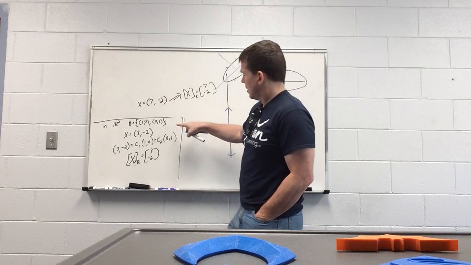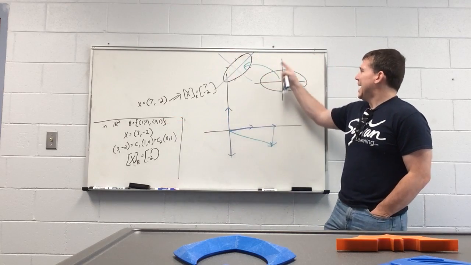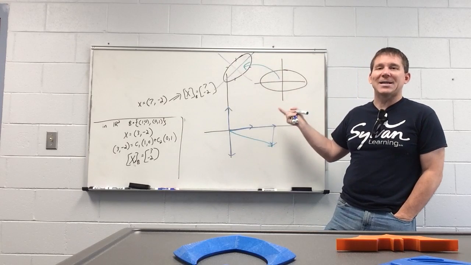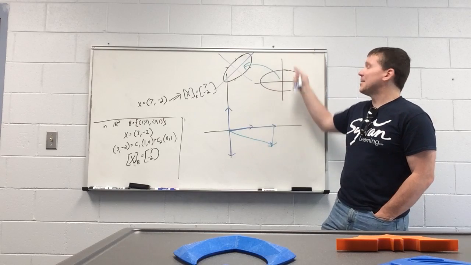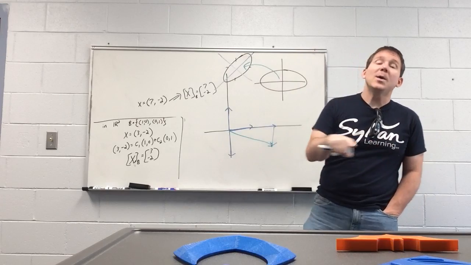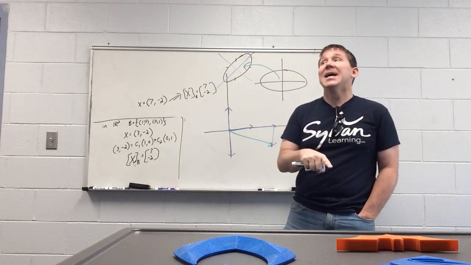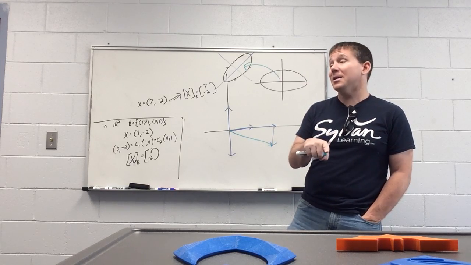Well, here, I know that 1, 0 and 0, 1 actually gives me my xy axis. Again, it's just the unit vectors here, but expand them, and essentially I get my regular xy axis. I know in R2 I can create any basis as long as the vectors that I create are linearly independent.